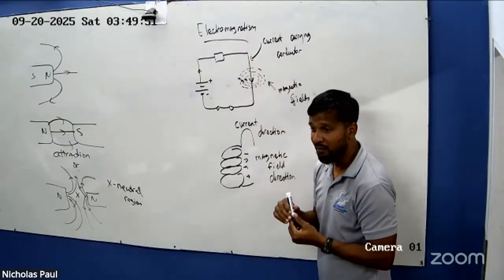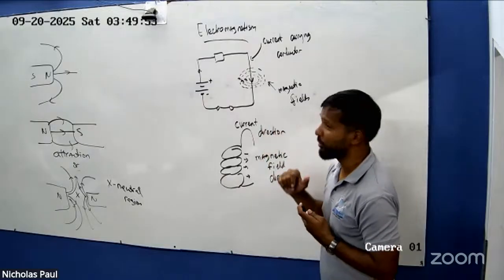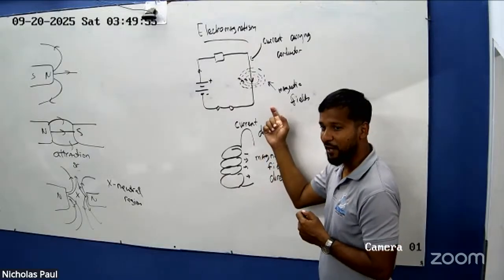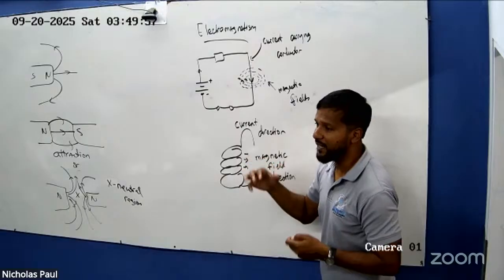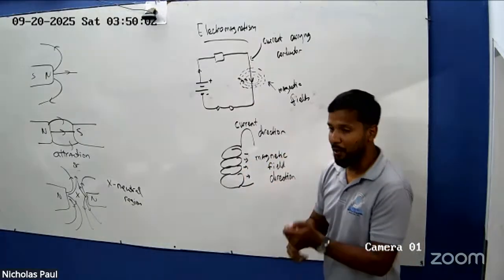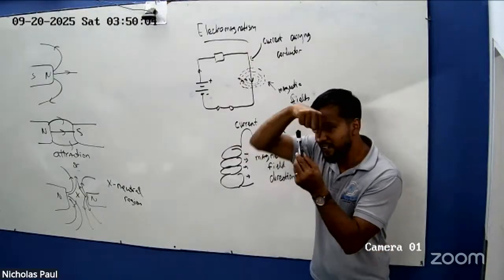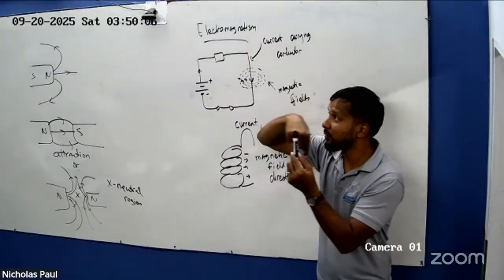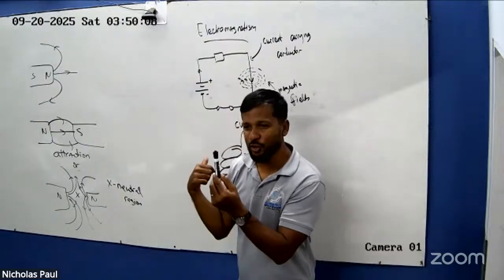You're seeing that? I'm not too good at drawing 3D diagrams, so it's kind of hard to understand. So instead of drawing a 3D diagram, because remember the wire is like this and the circles around it like that, it's kind of hard to draw on the whiteboard.